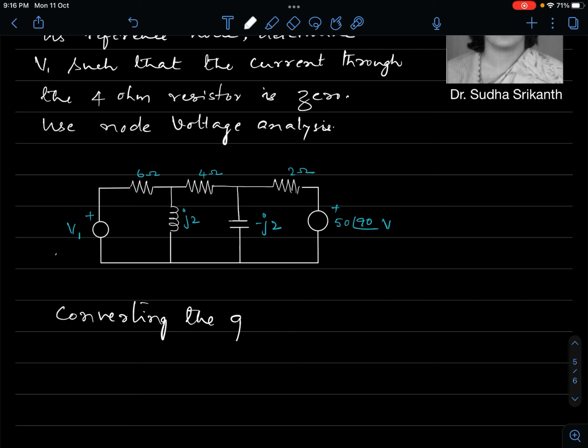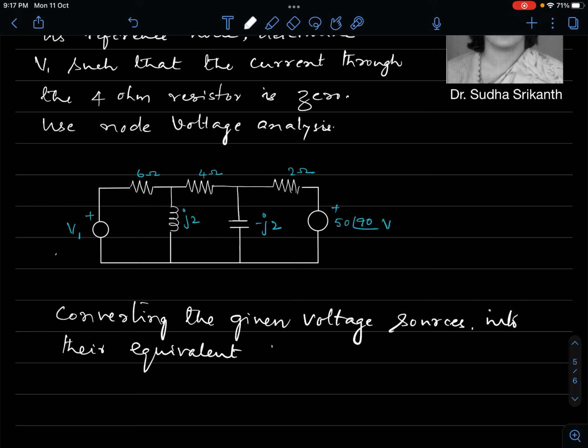Converting the given voltage sources into their equivalent current sources. We can rewrite the network as below.